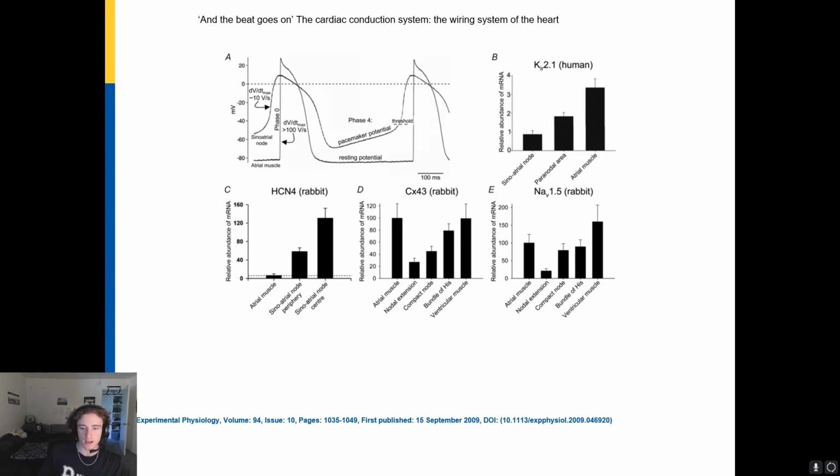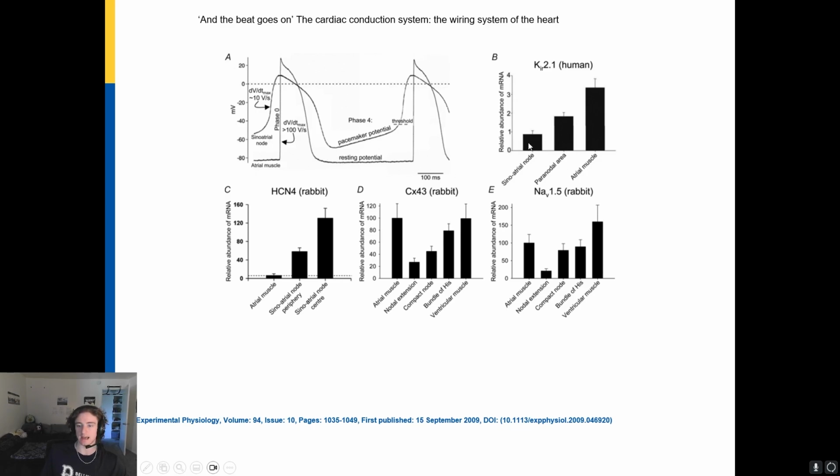talking about this. So in the pacemaking cells, there's a very low abundance of this Kir2.1, right? Basically just a potassium ion channel. So this potassium ion channel is responsible for this resting potential.